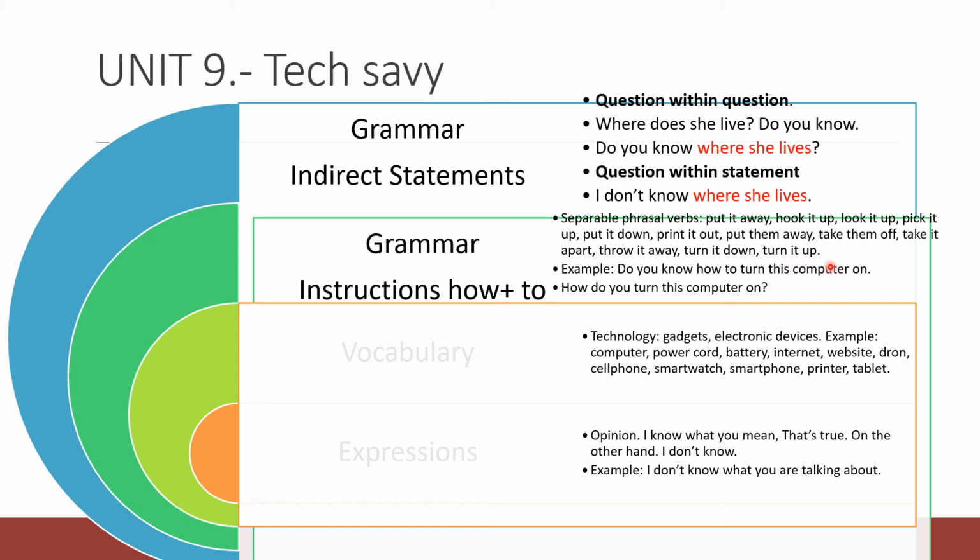These last two talking about sound, like turn up the TV, turn down the radio, hablando del volumen de algún dispositivo. Now, using how to plus the separable phrasal verbs, we're going to have something like, do you know how to turn this computer on? Or just, you can say, how do you turn this computer on?